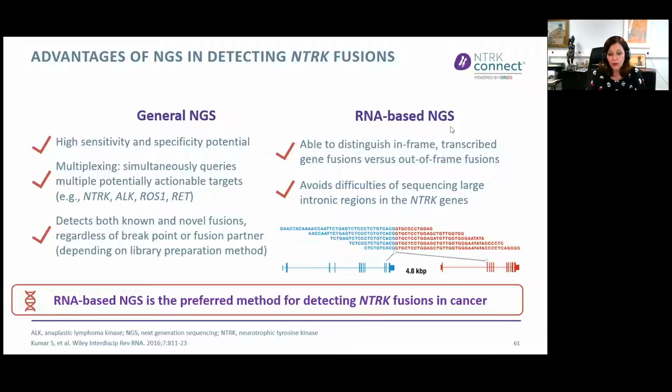But today we consider that RNA-based NGS is a preferred method for detecting NTRK fusions in cancer, because we can detect the in-frame transcript gene fusion, and also because it avoids the difficulties of sequencing large intronic regions in the NTRK genes, especially for NTRK2 and NTRK3 gene fusions.